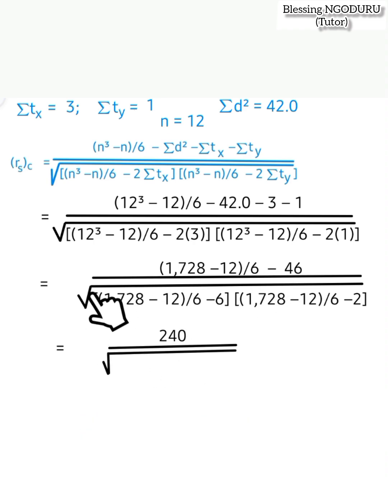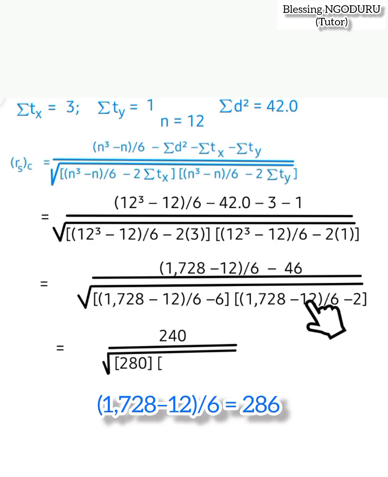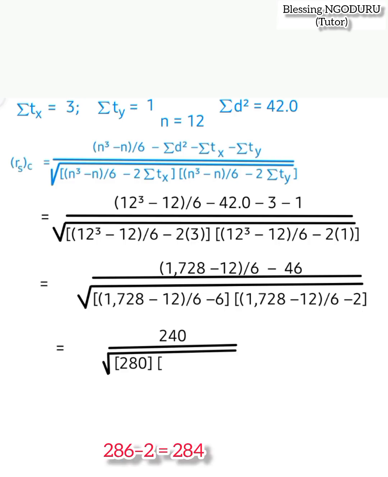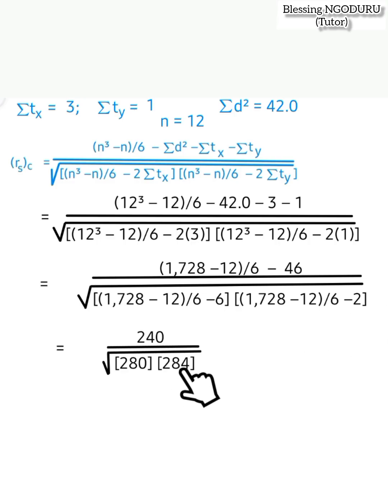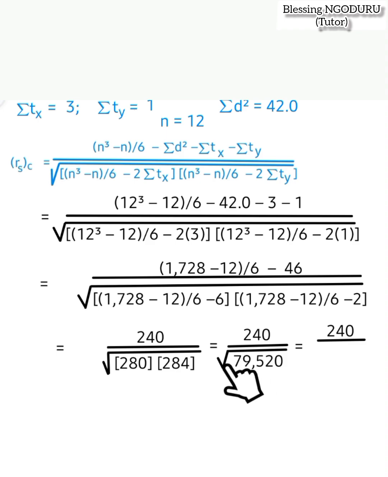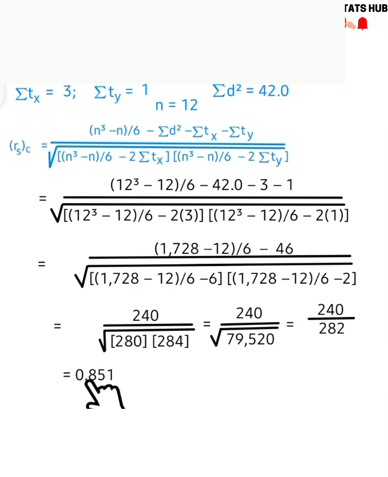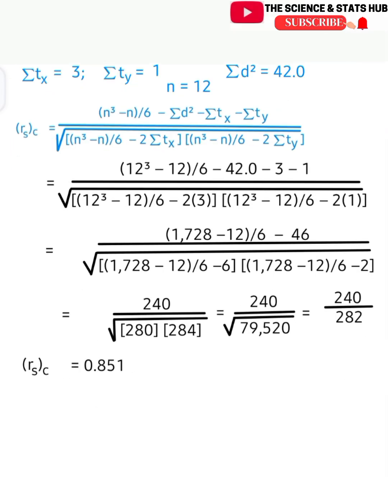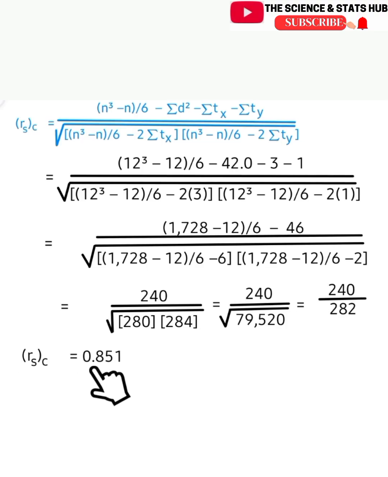Divide by the square root of 1716 divided by 6, 286 minus 6, 280, and then multiply by 286 minus 2, 284. So we have 240 divided by the square root of 280 multiplied by 284, which is 79520, approximately 282. 240 divided by 282 gives 0.851. Therefore, the rank correlation value employing the correction for ties is 0.851.